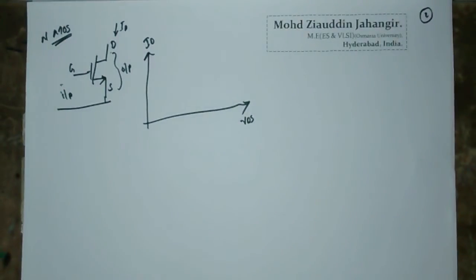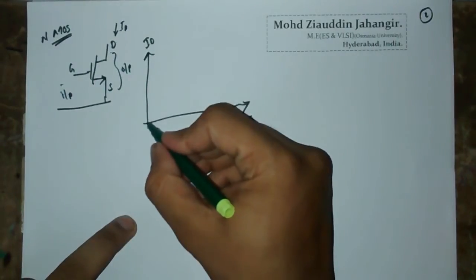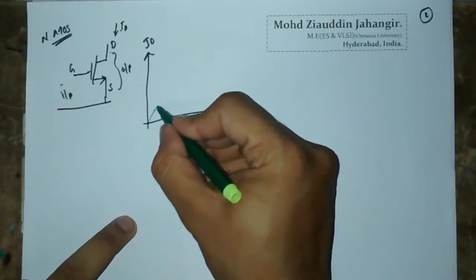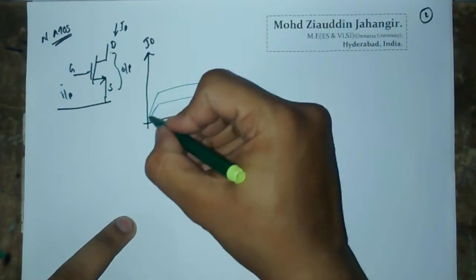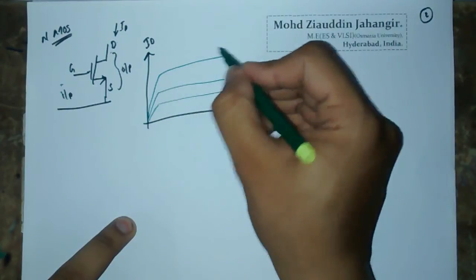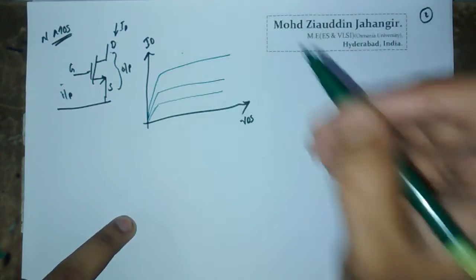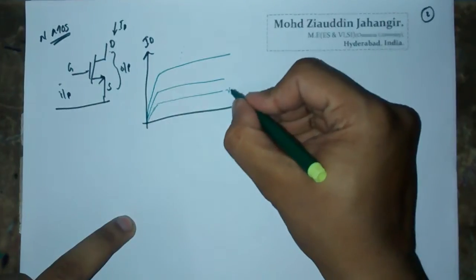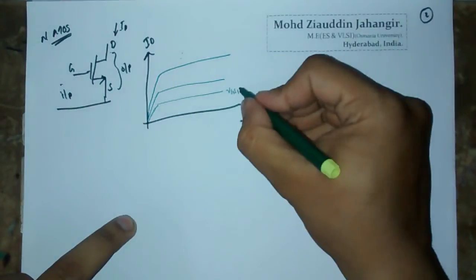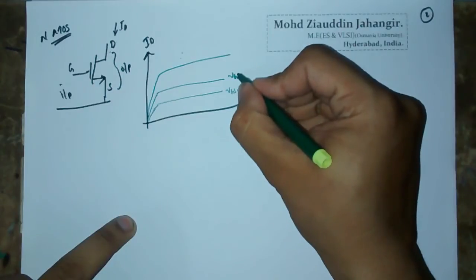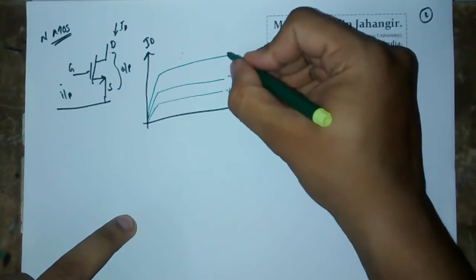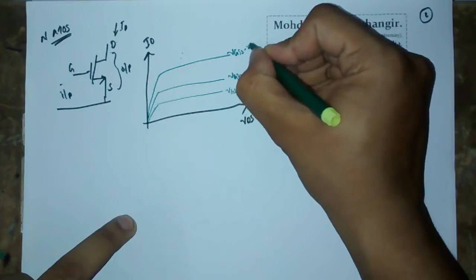So what you are going to get is the characteristics going to be like this. This is for one value of VGS, this is for a second value of VGS, and this is for a third value of VGS.